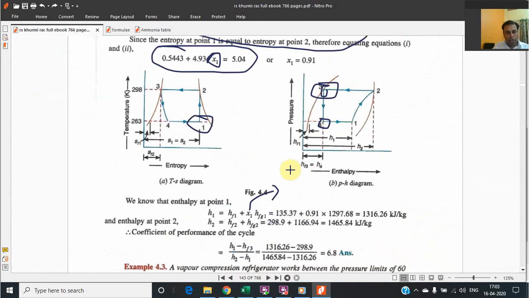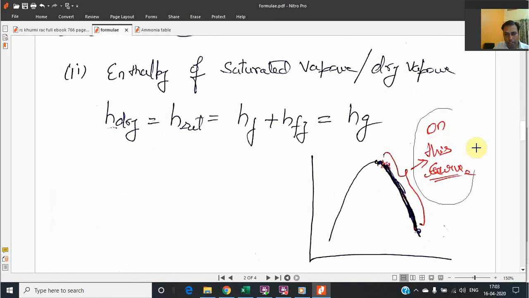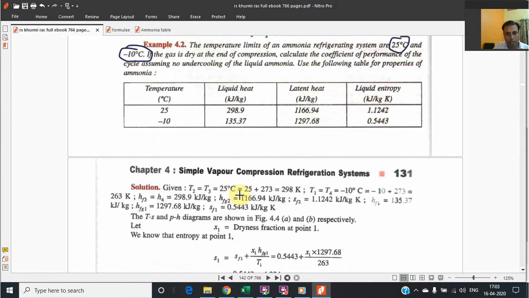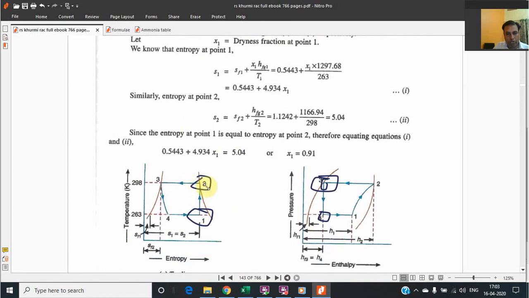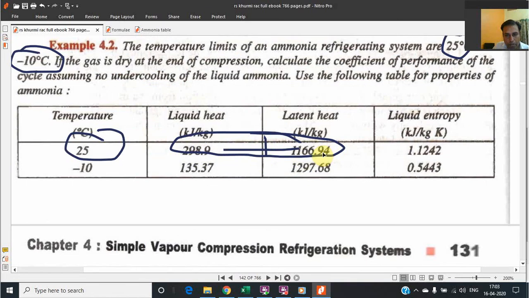So for H2, what have they done? The H2 point is on the curve itself. I have told you from the 3 formulas, if the point is on the curve itself, then Hg is to be obtained. This also can be obtained from the table, because if the point is on the curve, upper point H2, upper is 25, and going through the entropy, liquid heat, latent heat, we will add both the heats, means HF plus HFG, 298 plus 116.4.